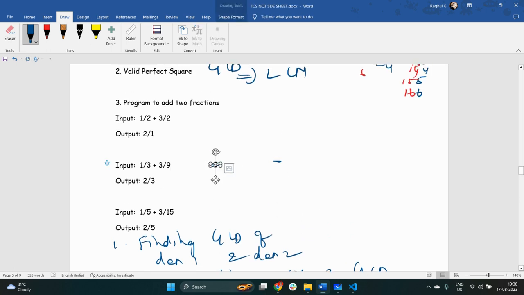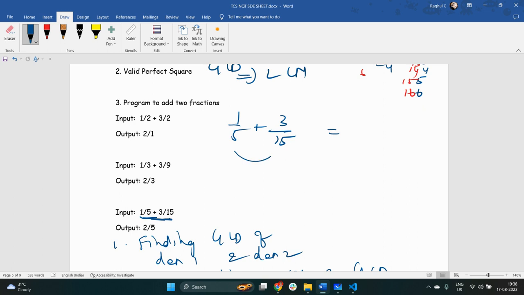Okay, so when I add, I'm going to take example number 3 directly, because it might help us a lot. So 1 by 5 plus 3 by 15 is going to be the example. How will we add these two fractions? First of all, we'll take the LCM of these two numbers, which is the least number that is a multiple of both, which is going to be 15.